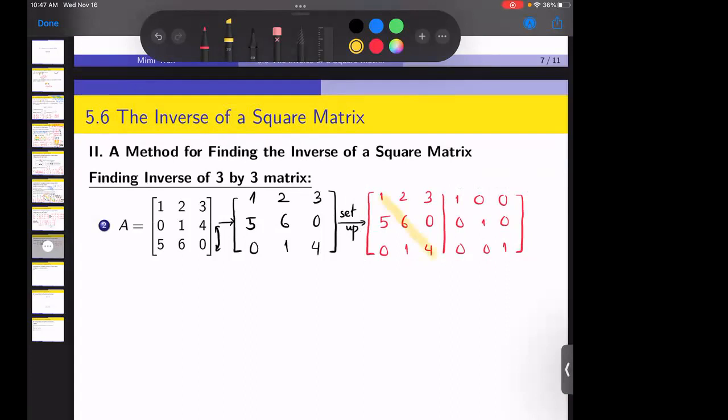So everything below or above it has to be 0. What's the next step? Make the 5 a 0.